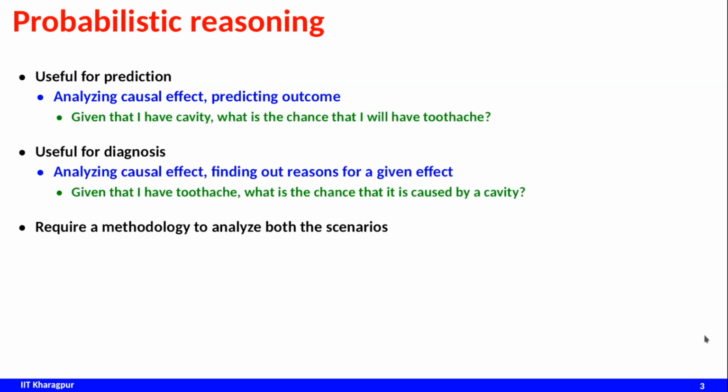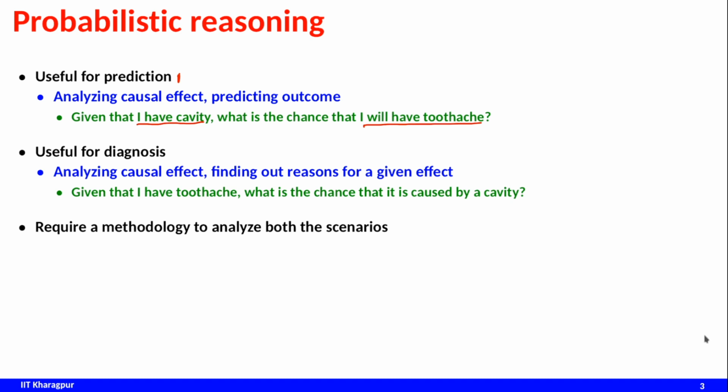So coming to this probabilistic reasoning, why is it useful? It can analyze the causal effect and can predict the outcome. It is definitely needed for us because we have to predict something. It can be a question something like, given that I have a cavity, what is the chance that I will have a toothache?